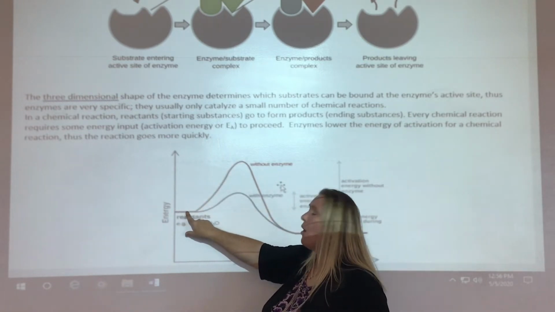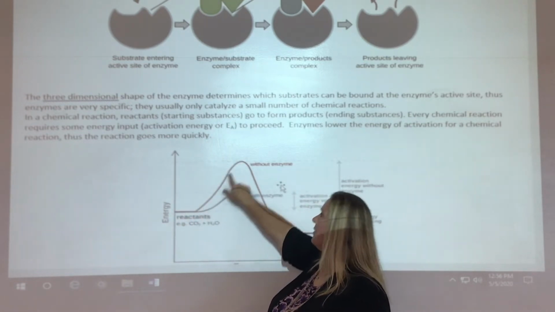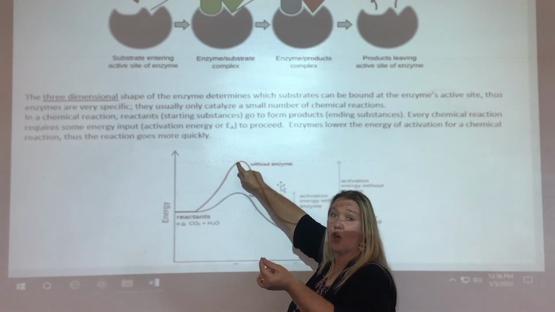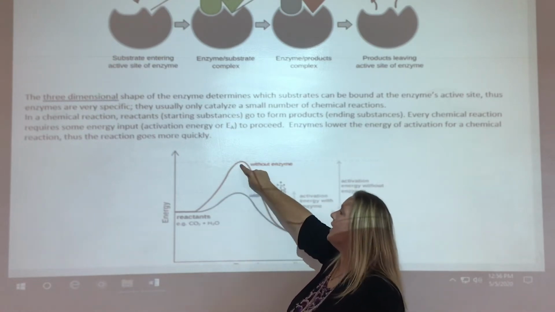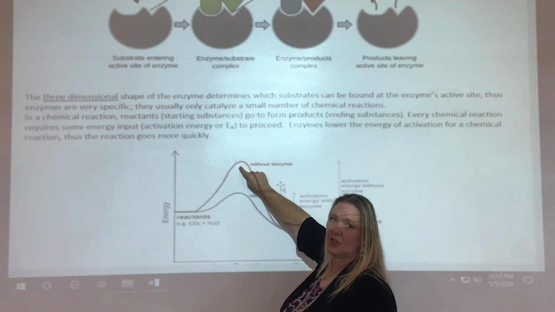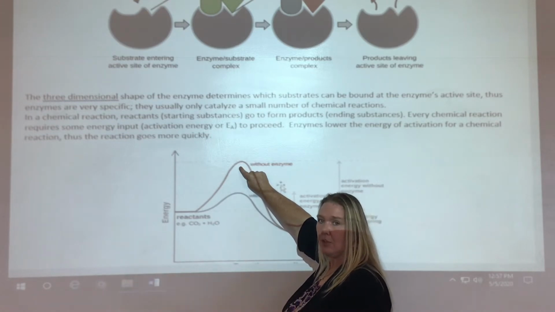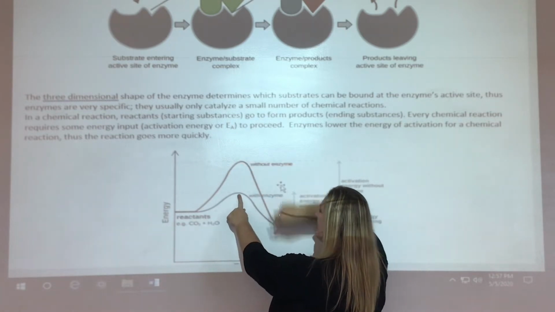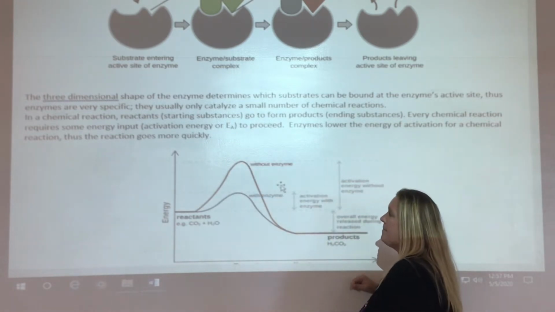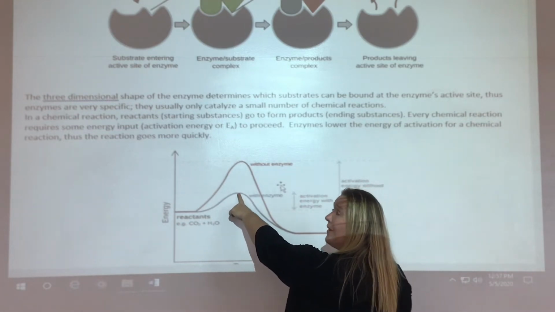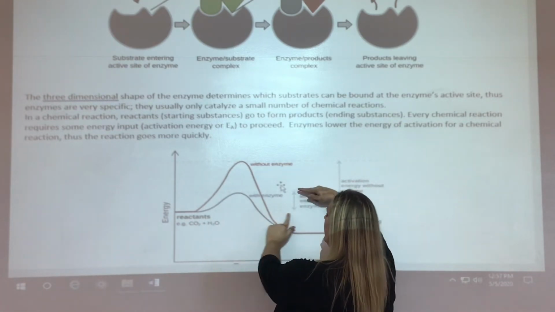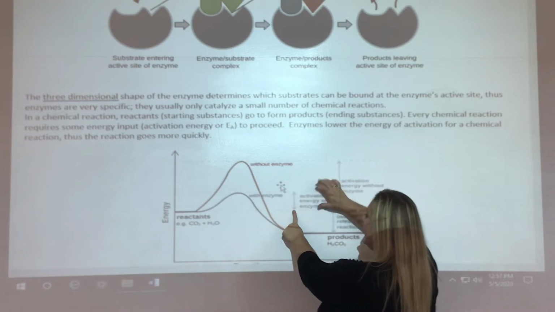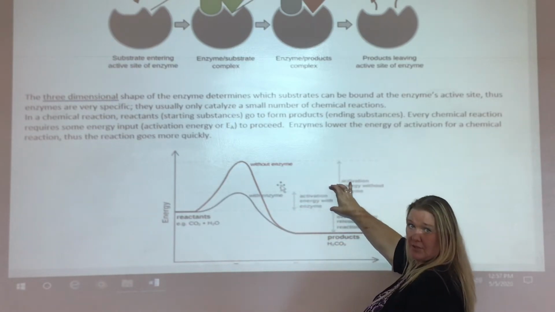So here's this waiting to happen, and here's the spark plug to start your car, to start the reaction. You need this much energy for that reaction to occur, okay, without an enzyme. But if we have an enzyme, we only need this much. Okay? So we go from here with the enzyme to here, we only need this much.